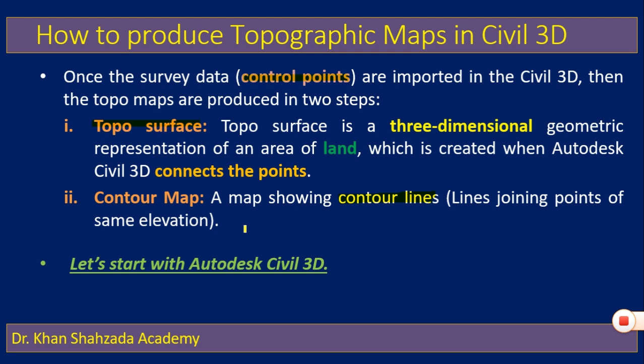Now I'm going to open the software, and if you remember the previous lecture in which we tried to import survey data, I am going to add the topo surface and contour map to that data.